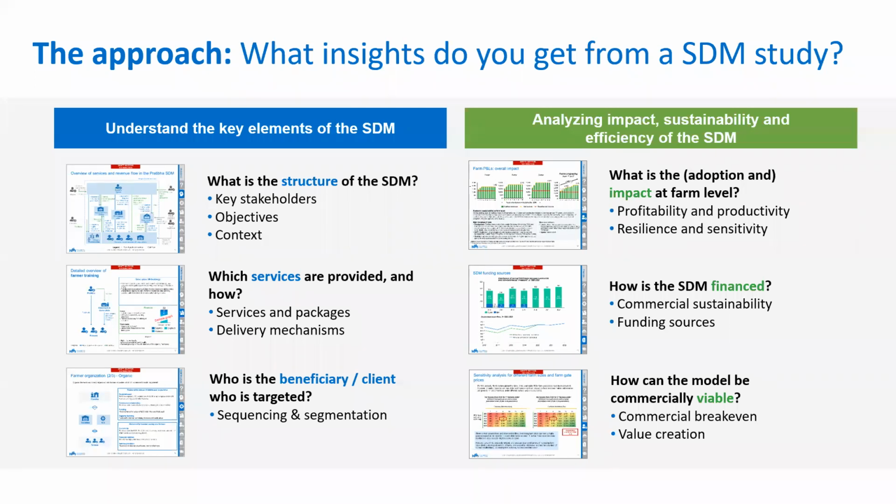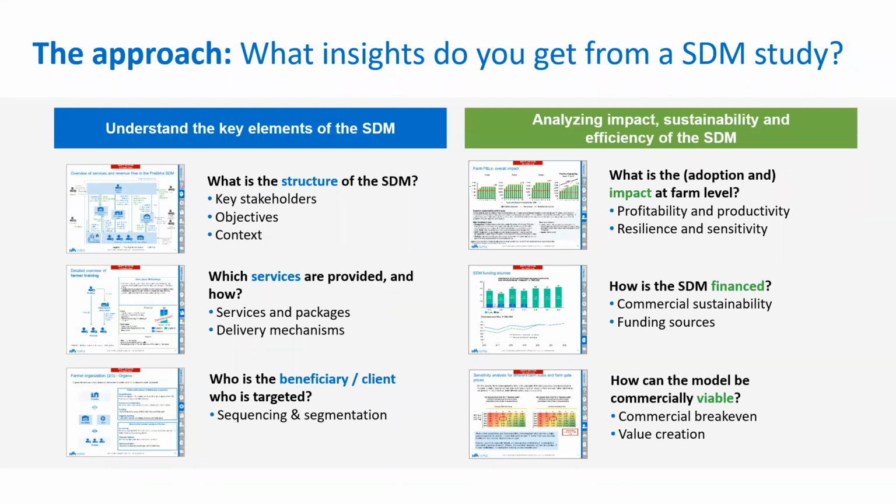Are these services provided to everyone equally? Are packages given? What are the delivery mechanisms? Are lead farmers used? Are farmer groups used? And then who is the beneficiary and who is targeted? What's the sequencing of these services?